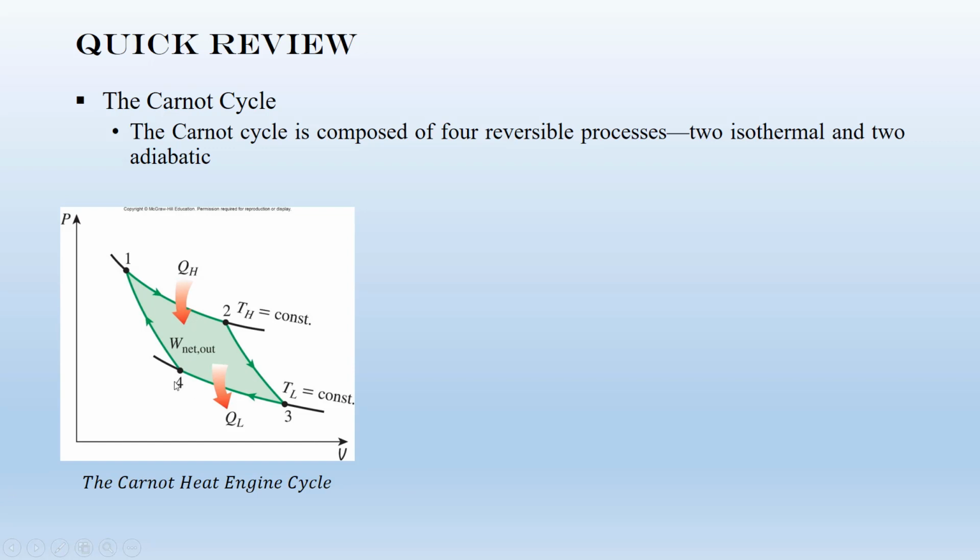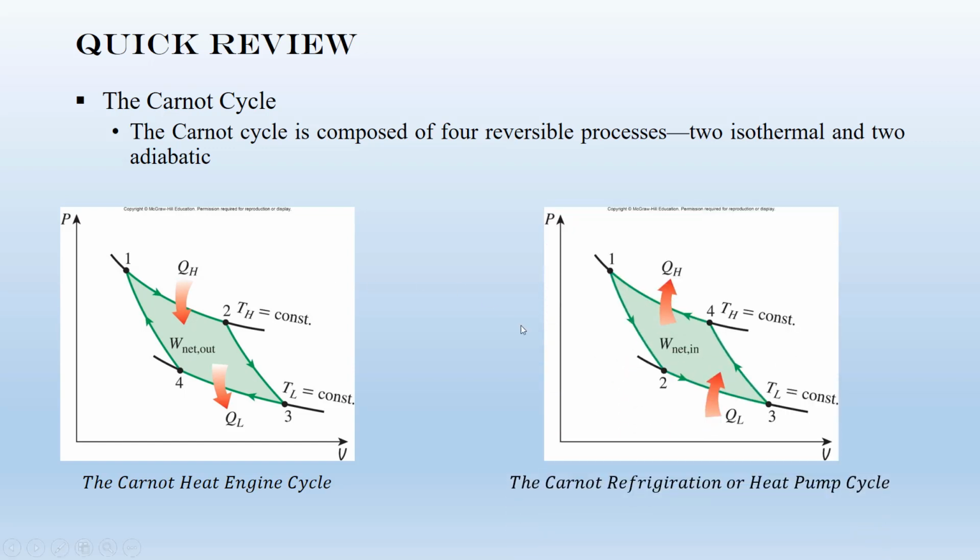The third step is the condenser, where heat is rejected at constant temperature to the sink, and the last one is the pump, where fluid is returned to the boiler during an adiabatic process. So this is a totally reversible process, and if it is reversed, we will have the Carnot refrigeration or heat pump cycle. We discussed it on Monday.